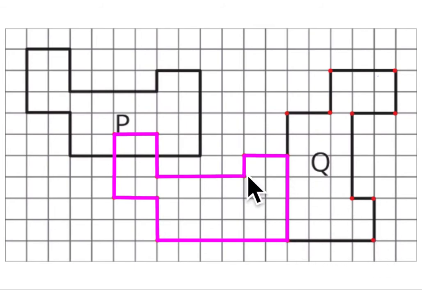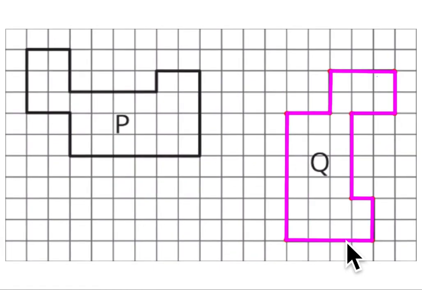I do the same thing with this point. Count up 1, 2, 3, and then over 1, 2. I'm going to rotate that 90 degrees and count out 1, 2, 3, and up 1, 2. So that goes right here. You can do that with every single point to check. Pretty soon you can just use the image to figure out where the points go just by counting and using the grid. So that does rotate to right there.